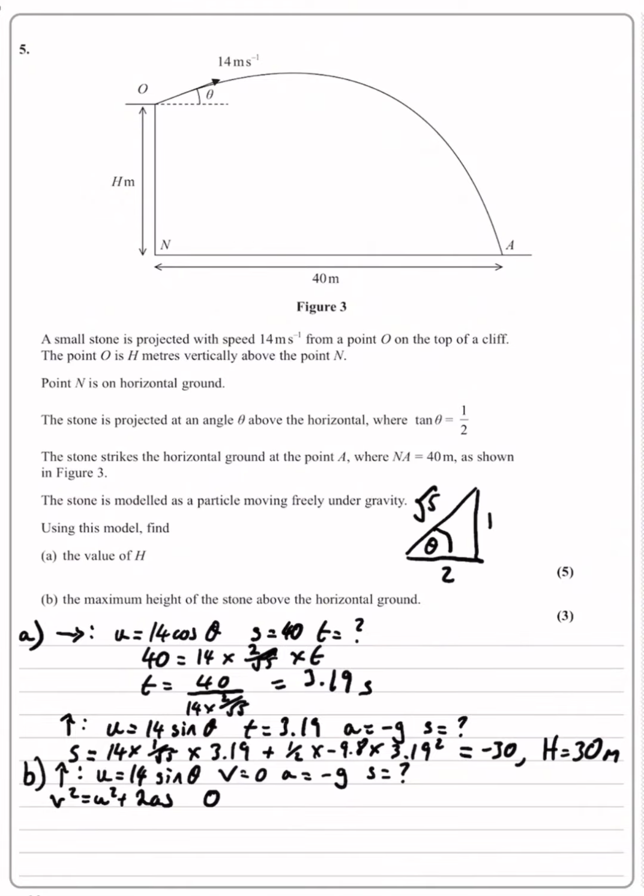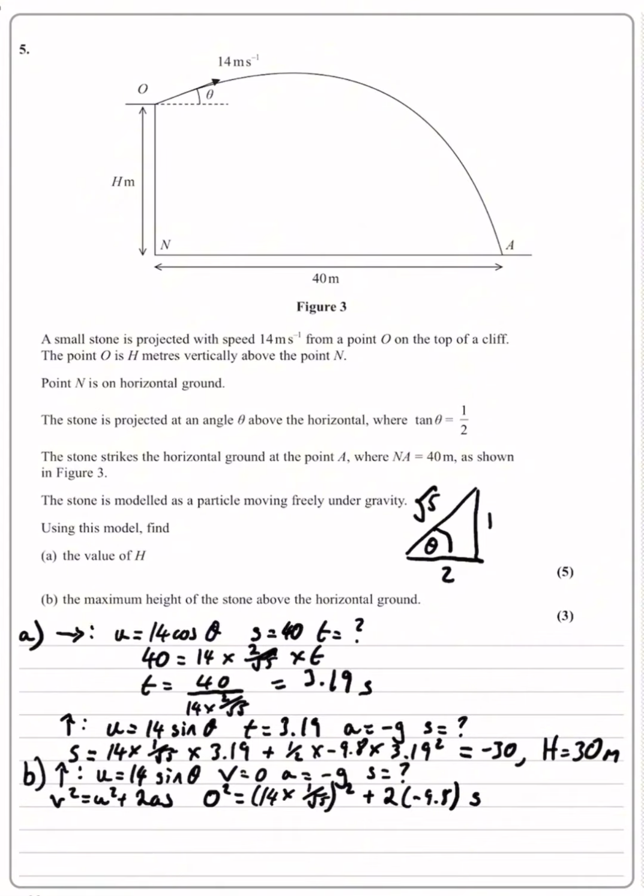Zero squared equals 14 lots of 1 over root 5, squared, plus 2 times negative 9.8 times the displacement s.